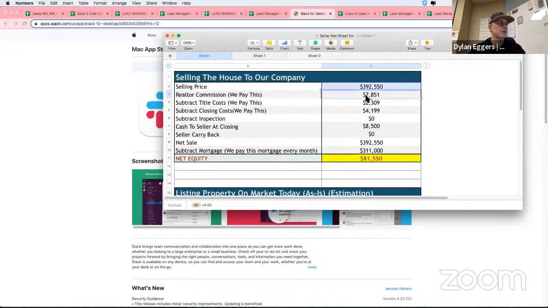So that is 2% of 392,550, so I'm offering the agent $7,851. Now, this home has only been listed for 30 days or so, and we have a pretty good guess that this agent is getting 3%. So those two factors, that it hasn't been on the market very long and we know she's getting 3%, she might not like that we're only offering 2%.